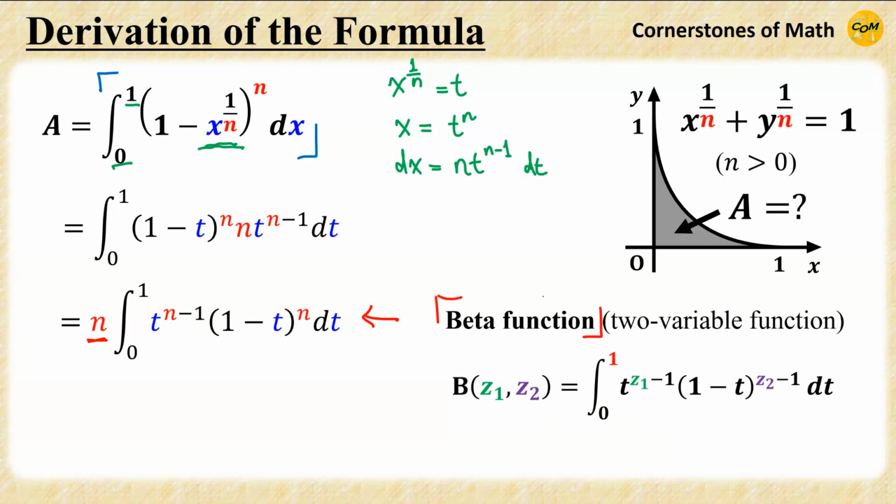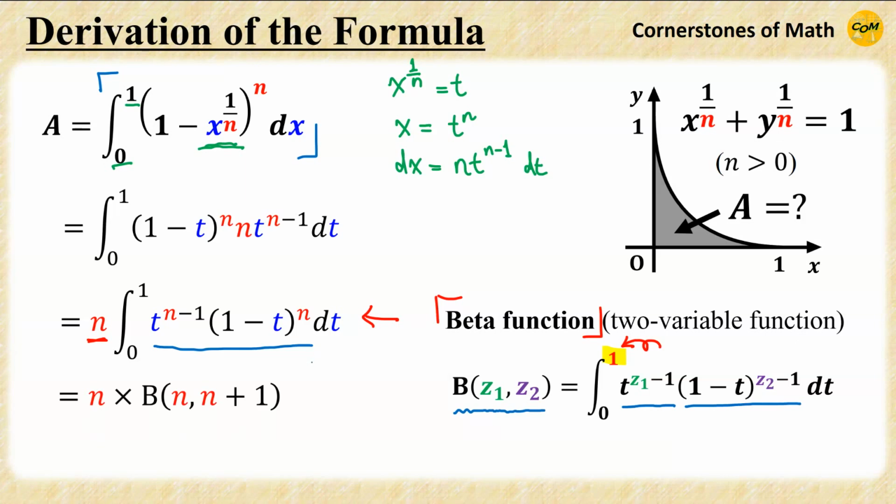It is a two-variable, single-valued function defined as beta of z1, z2 equals the integral of t to the power of z1 minus 1 times (1 minus t) to the power of z2 minus 1 dt, t from 0 to 1, which is a different interval compared to the gamma function. By observing this, you can easily notice that our area can be expressed as n times beta of n, n plus 1. So we have the area expressed by the beta function.